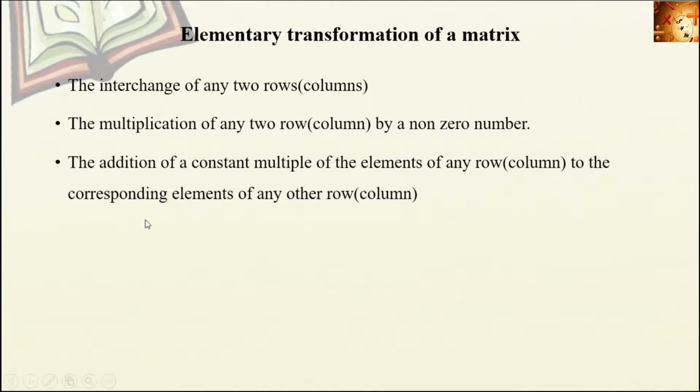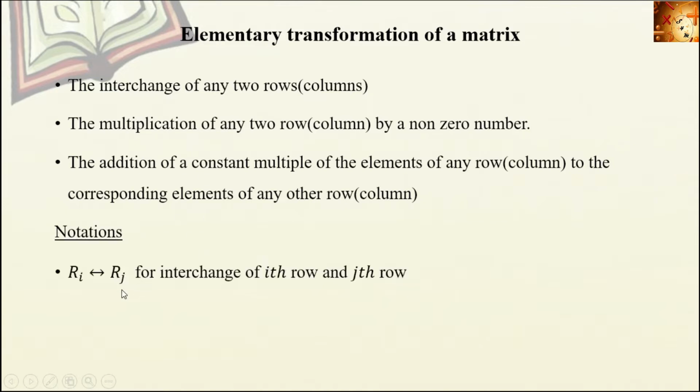The notations for these elementary transformations are: Ri interchange Rj, which means we are interchanging the ith row and the jth row.